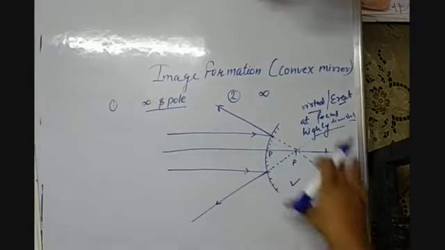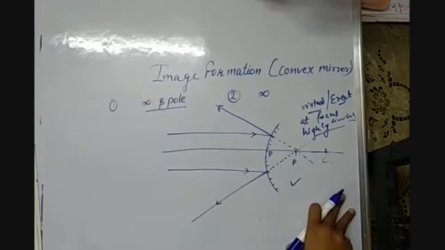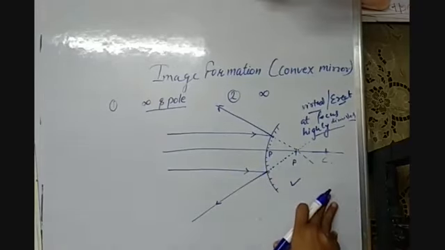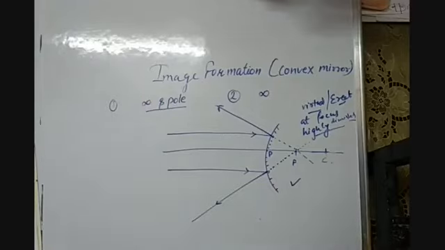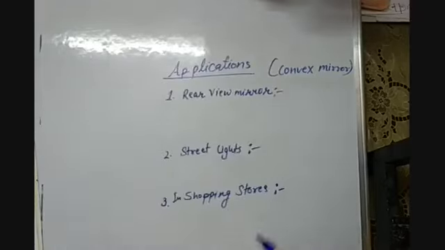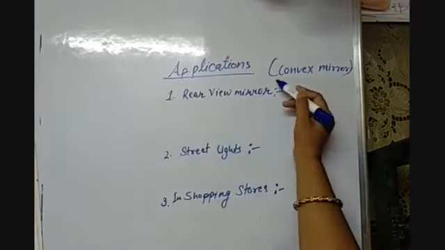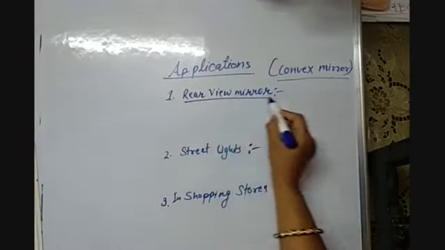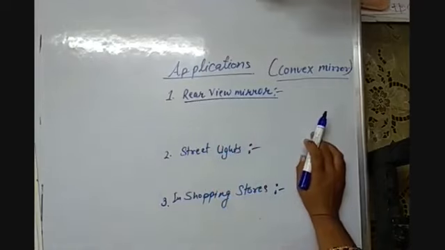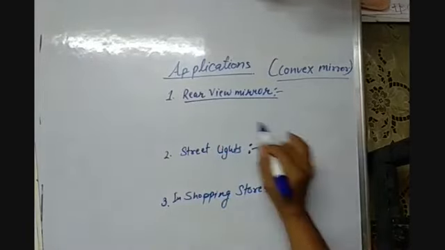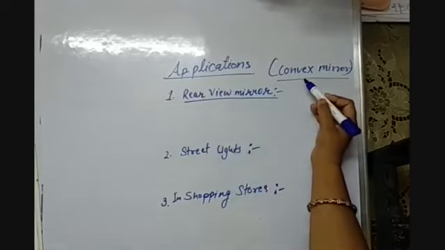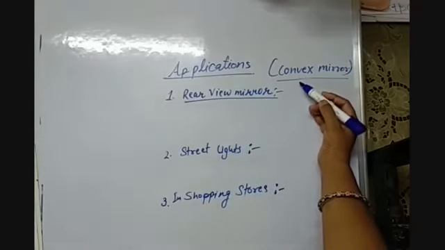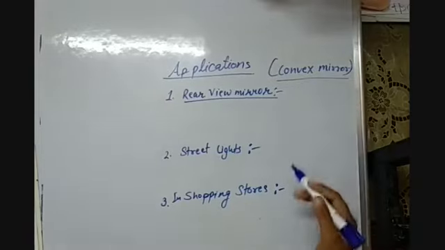Now on the basis of these properties, there are applications of convex mirror. Let us see the applications of convex mirror. The first application of a convex mirror is as a rear view mirror, also called a driver's mirror. Why so? Because as we all know, a convex mirror provides a very small erect image of the object.